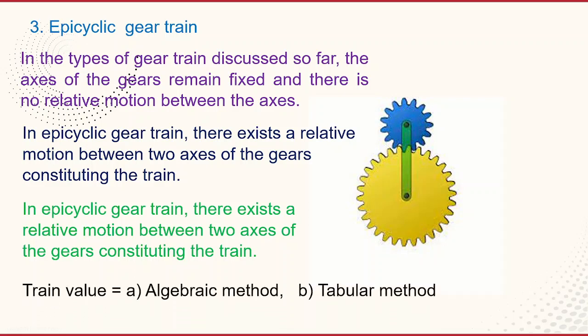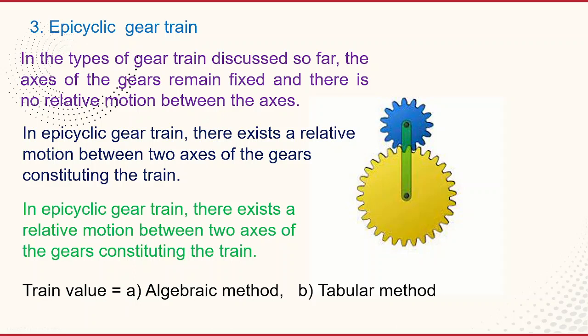The train value in an epicyclic gear train is determined using two methods. One is the algebraic method and the second one is the tabular method. In the algebraic method, you use the same methodology as we used for reverted gear trains and compound gear trains to find the relative velocity ratios and the train values.